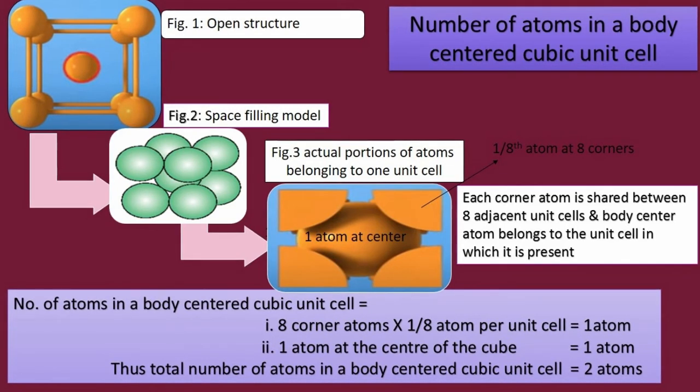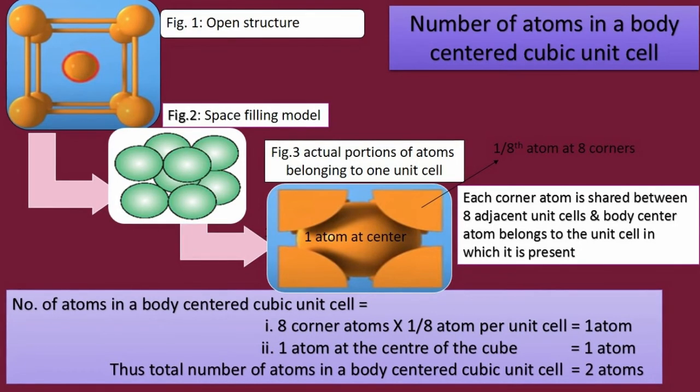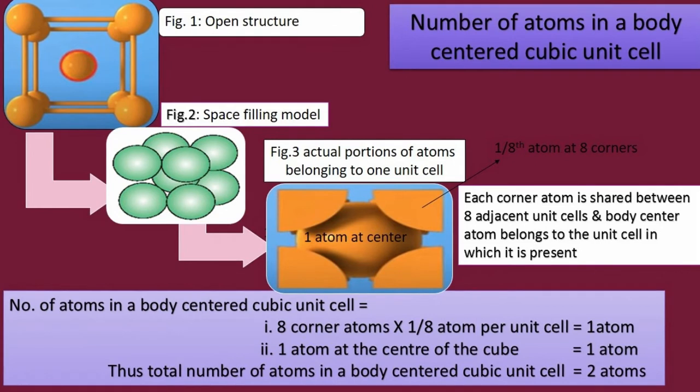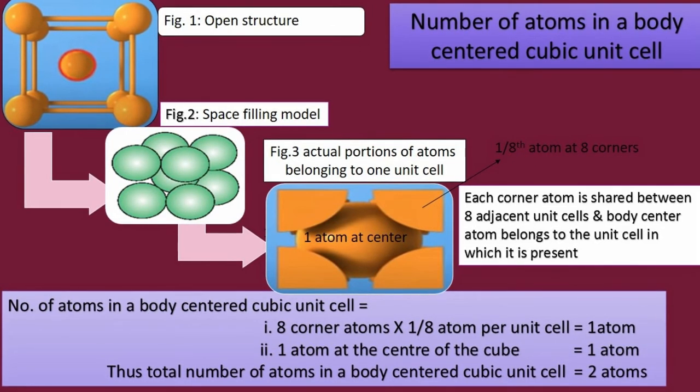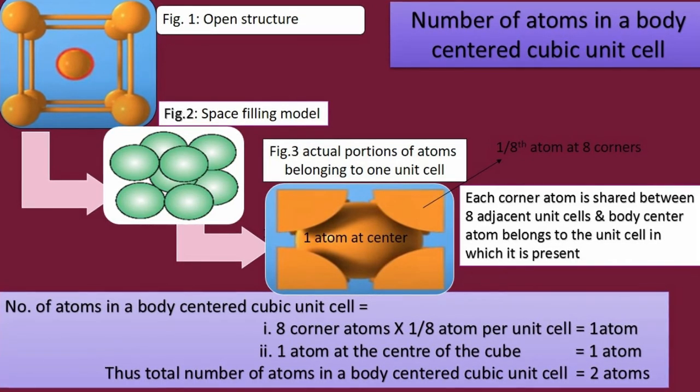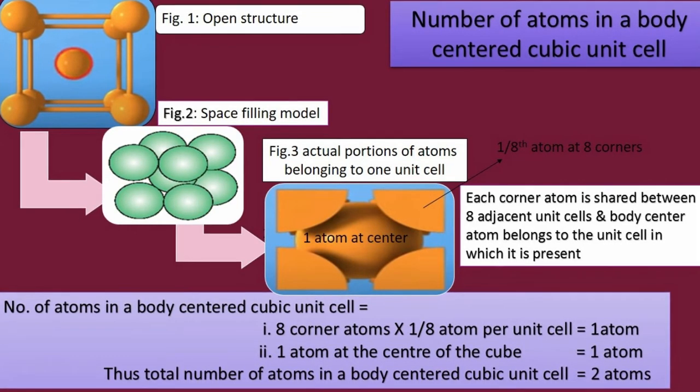By considering the portion of the cell inside the cell boundary, we can generate a unit cell of a body-centered cubic lattice. A unit cell of the body-centered cubic lattice is shown in figure 3. In a body-centered cubic unit cell, we know that each corner atom contributes 1 by 8 of its actual volume to each unit cell. There are 8 corner atoms at the 8 corners.